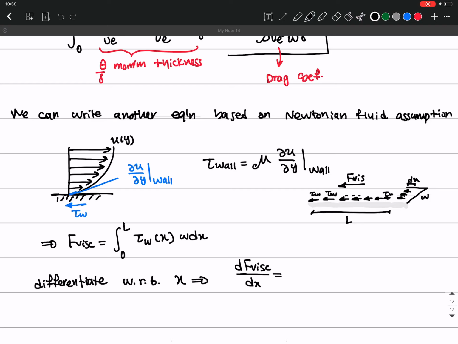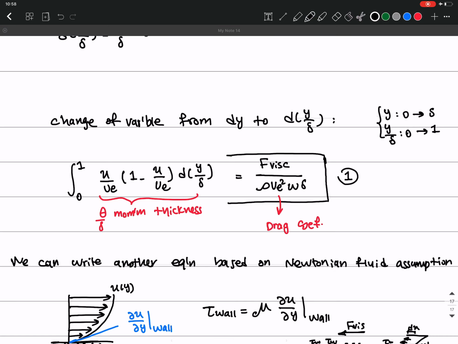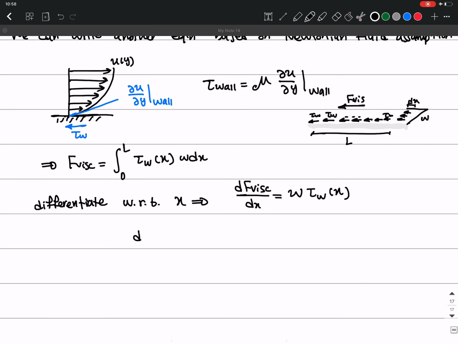It's going to be W tau wall x. Instead of tau wall, I'm going to write this. So I have another relation. So this is my equation 1. And this is going to be equation 2.